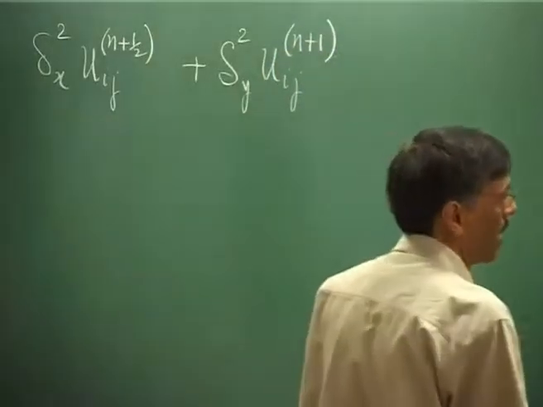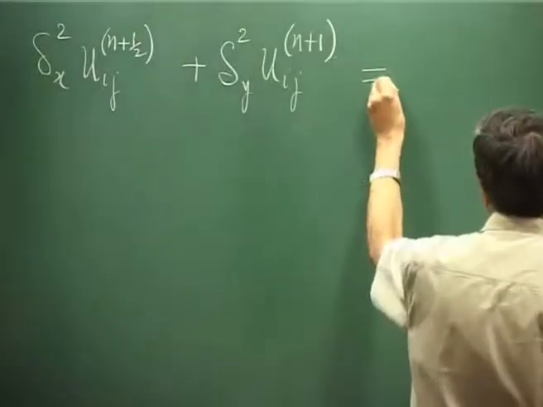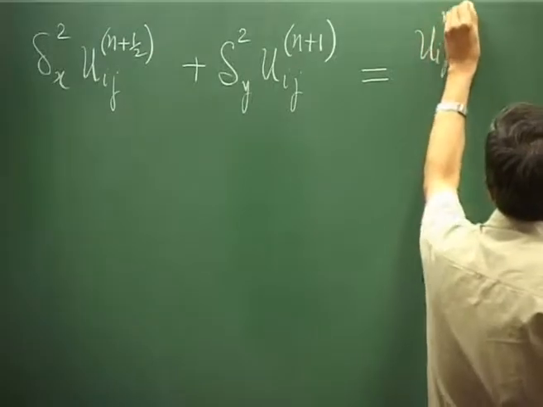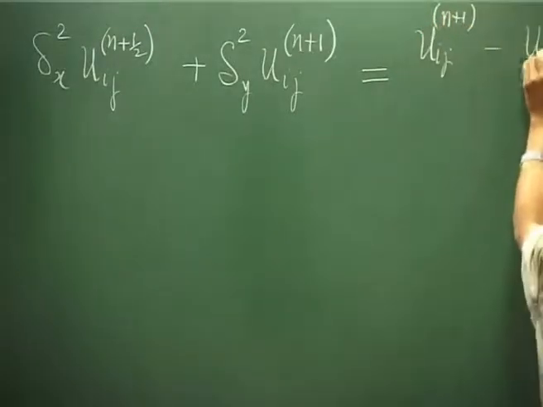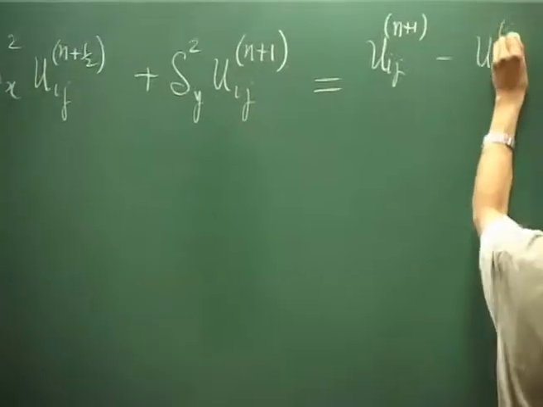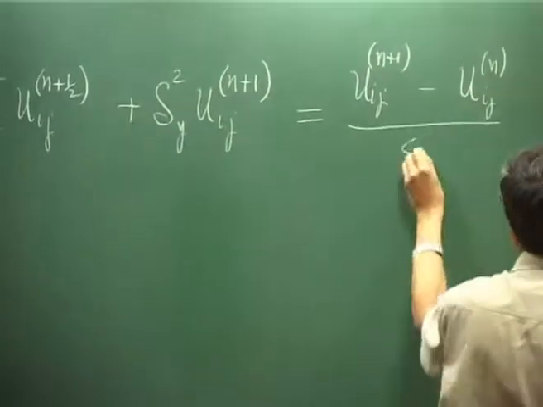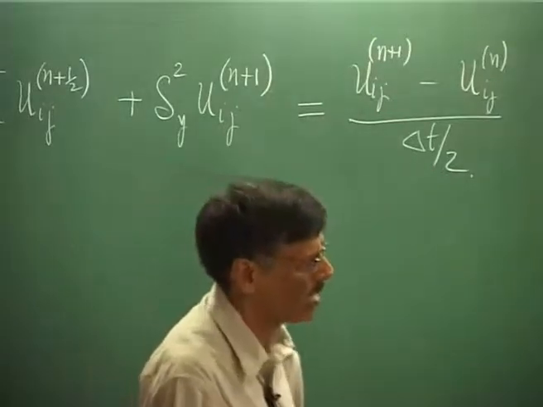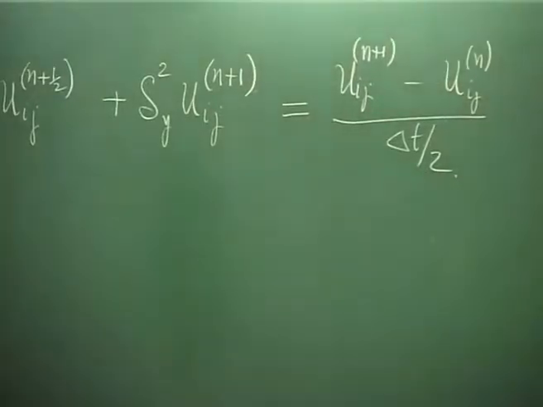So that's what we are going to get. And this side we will get uij n plus 1 minus uij n, and that will be divided by delta t by 2. Okay, so that's the second half step that we have not written down, but that is implied.